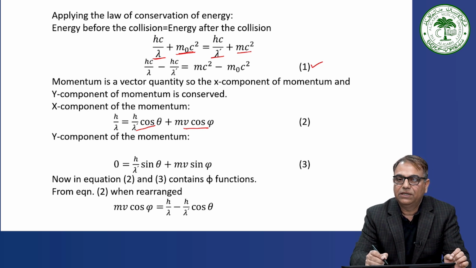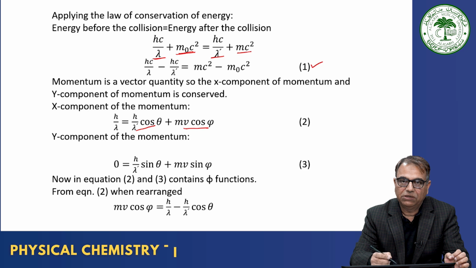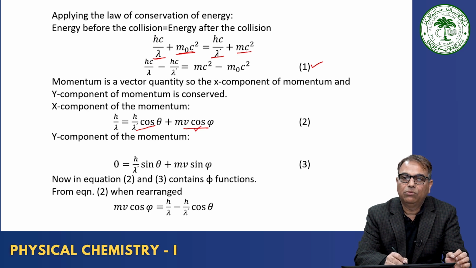But after the collision, the direction changes for the photon and for the electron also. The photon moves from the x direction with a theta angle, and the electron moves from the x direction with a phi angle. So both the electron momentum and photon momentum x components we have to take.